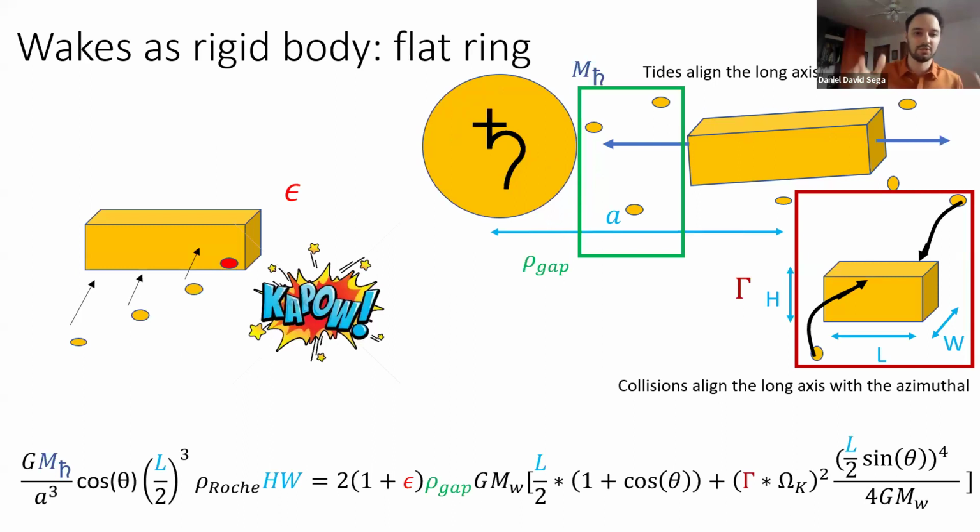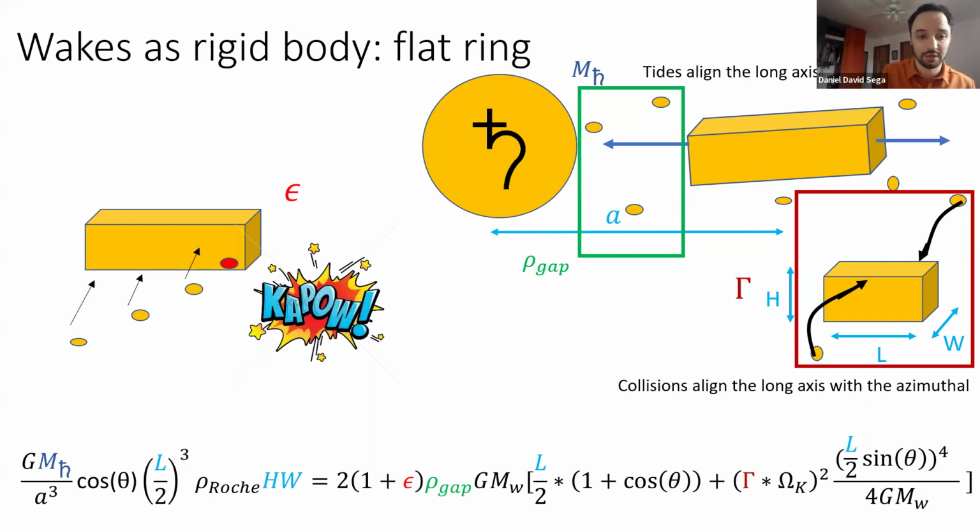If we balance these two torques, this is the equation for the equilibrium angle here. Theta will be the equilibrium angle for the gravity wave under these two interactions. On the left, we have the tidal torque, which will depend on the mass of Saturn.